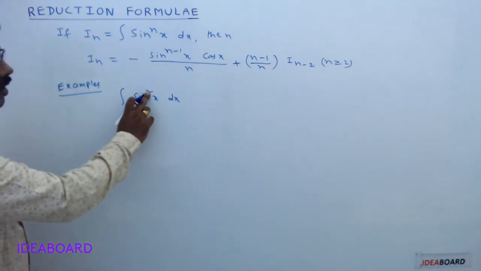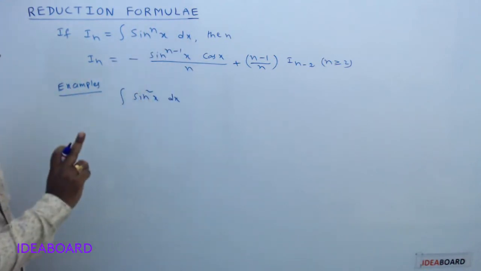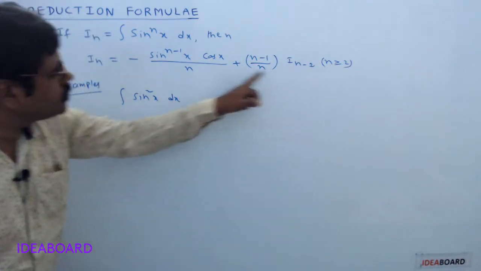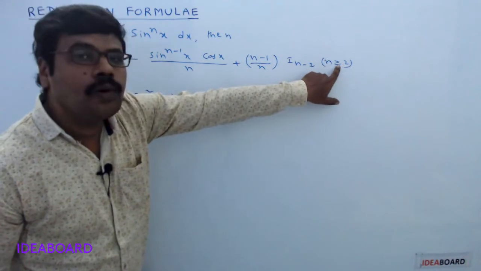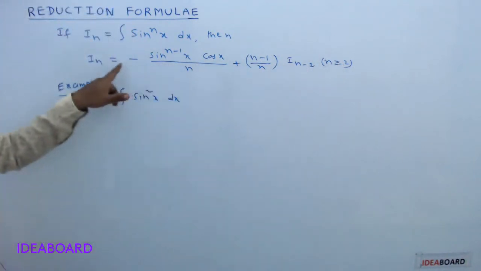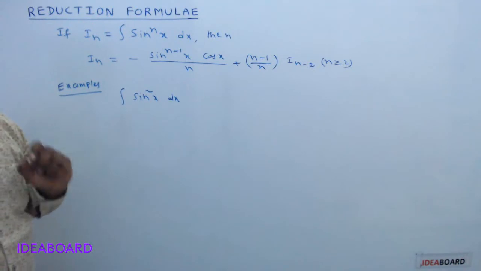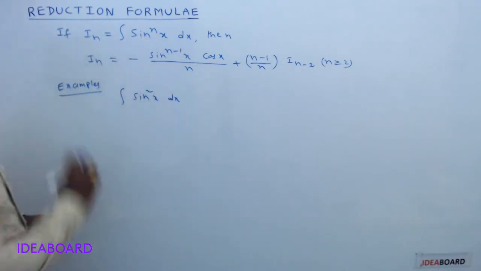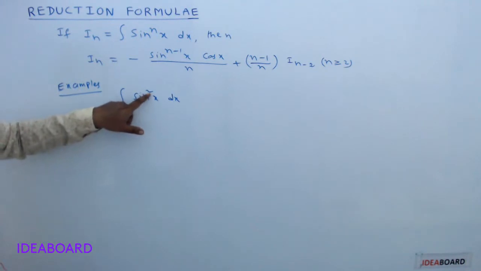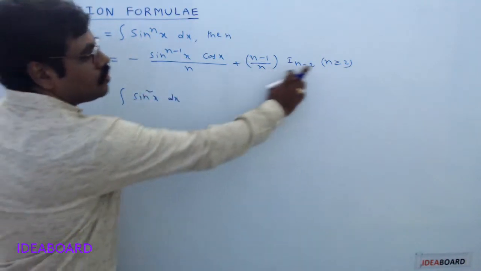If the power n value is 2 or more than 2, use this formula. If the power n value is less than 2, then use this given function. Here your n value is 2. So n equals 2.